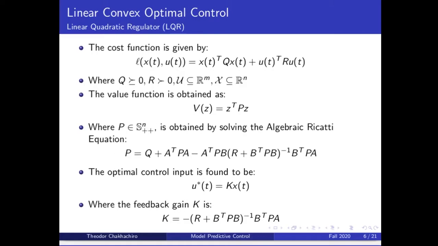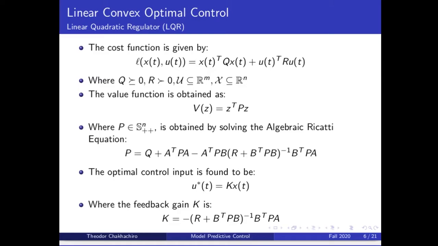In LQR control, we choose L of x of t comma u of t to be quadratic in x and u, where Q and R are matrices such that Q is positive semi-definite and R is positive definite. Our script U set should be in R^m, and our script X set should be in R^n. Now Q and R can be seen as costs for each element in the state vector and control input vector.